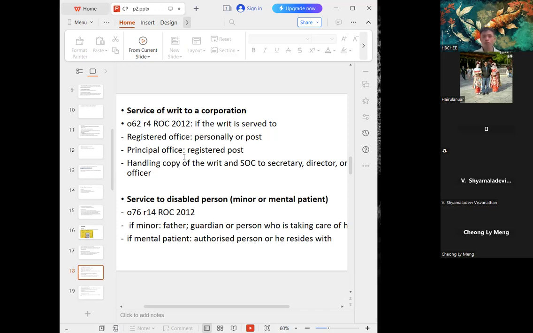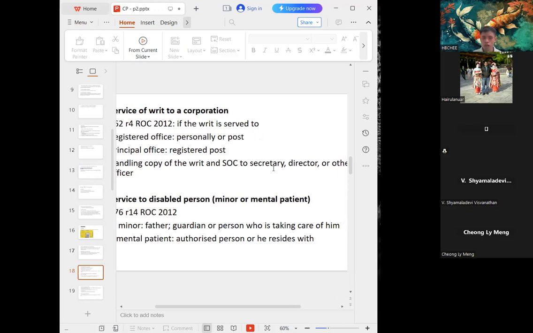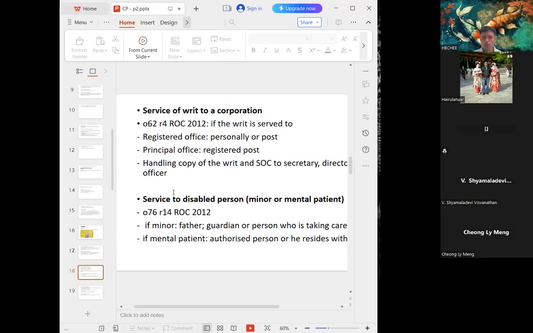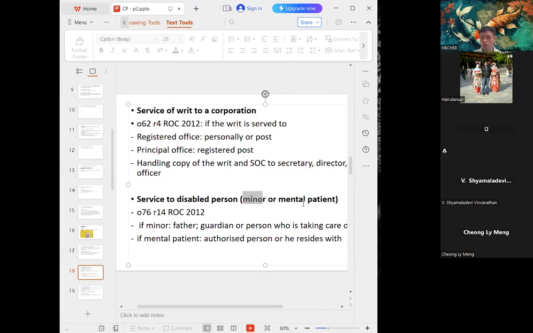The copy of the writ and the statement of claim is handed to the secretary, director, or any other officer at the principal office. Now we look at service on a disabled person, as I said earlier, the minor or the mental patient defined under the MHA, Mental Health Act.